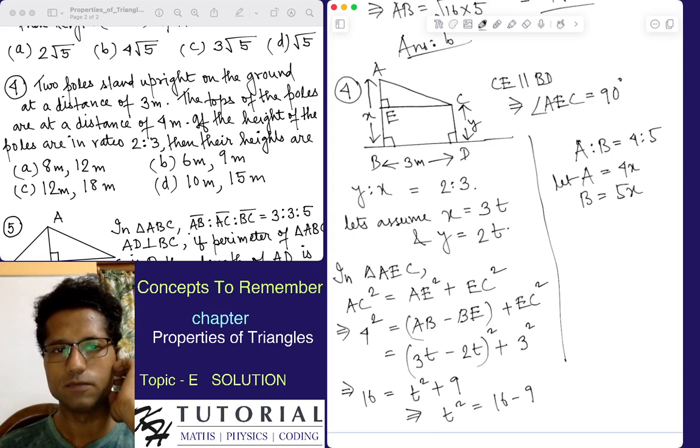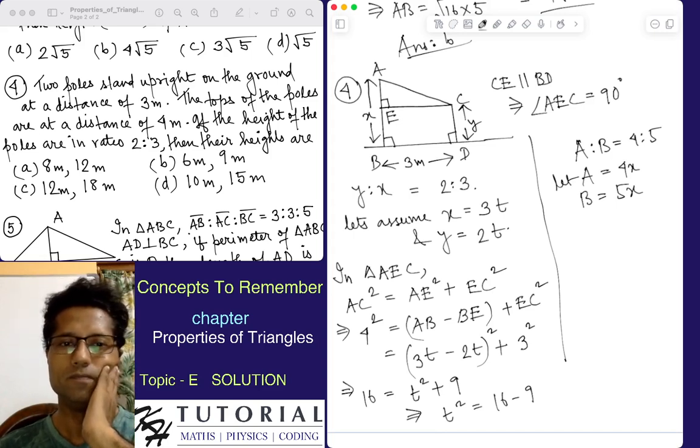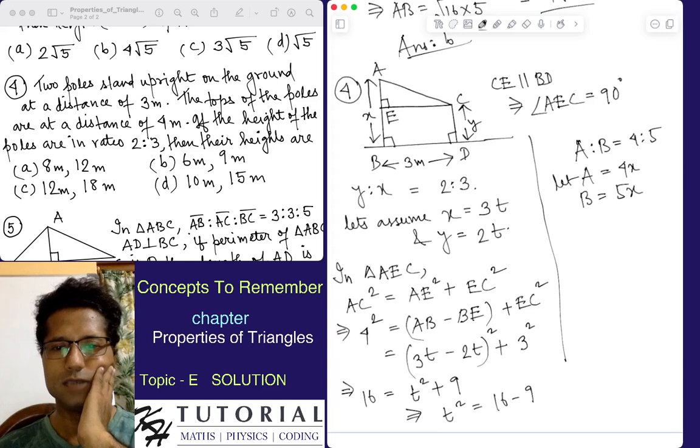Definitely, if the second term is larger in the ratio, the second pole's height should be larger. So as per our figure, we must have y is to x equals 2:3. So we have assumed x equals 3t and y equals 2t.